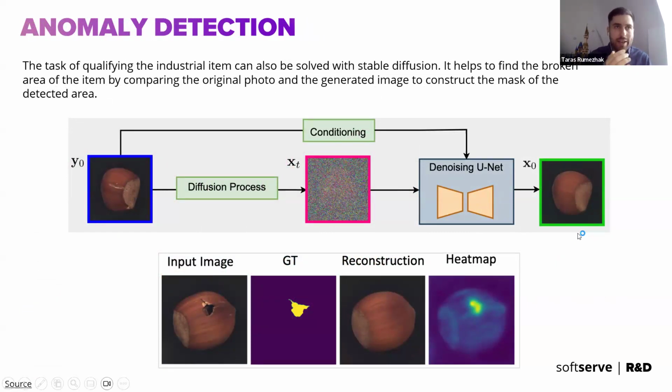Anomaly detection is probably most useful in the manufacturing industry or in construction, for example, to detect scratches on PCB boards, or in concrete or something like this. And Stable Diffusion can work with this. Just remember about this. It's not a very common use case.